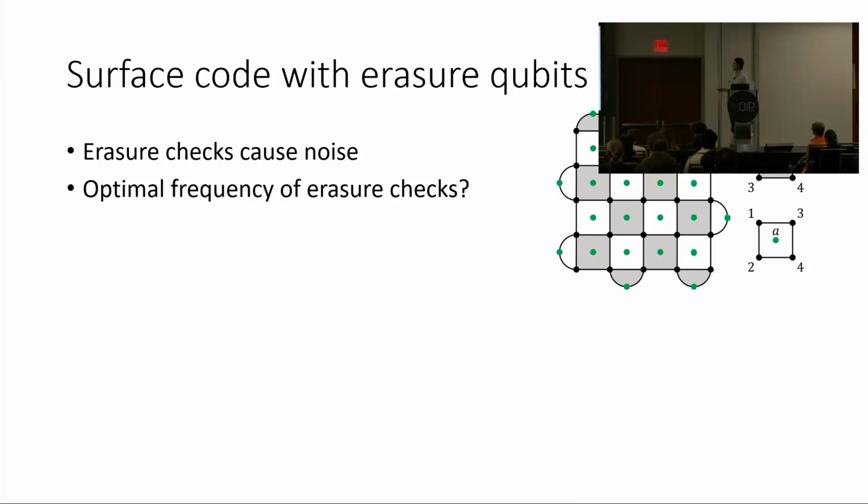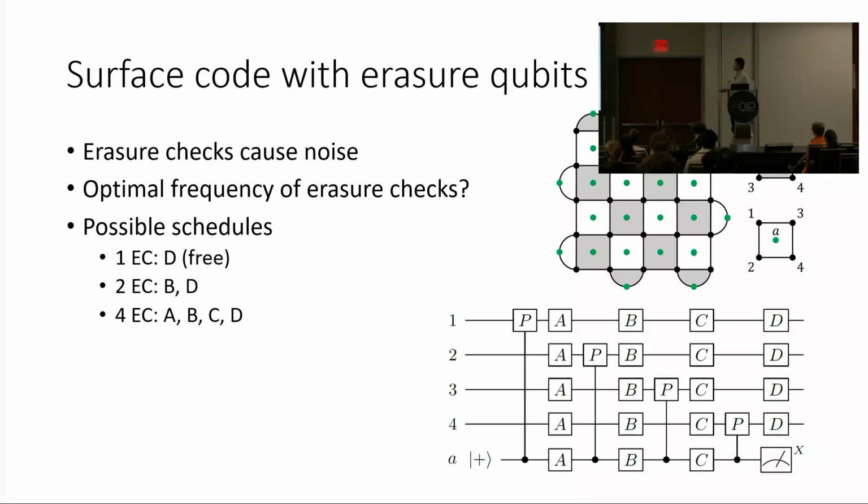For the surface code, again, we have data qubits in black and ancilla qubits in green. In order to measure the stabilizers, we would use a circuit like this, where we initialize the ancilla in plus, entangle the qubit with the data qubits, and then finally measure the ancilla qubit in order to infer the value of the stabilizer.